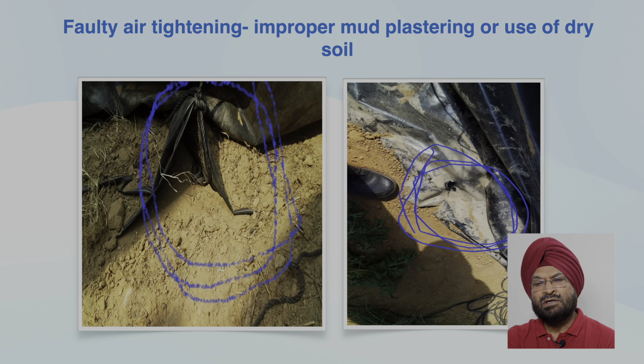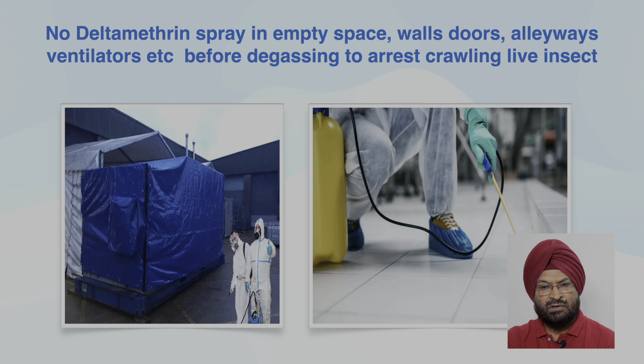Now earlier in the part 1, I told you that the cover itself, which has been used for the fumigation, should also be sprayed from all sides, particularly from the top of it. The live insects remain clinging to the surface of the cover.